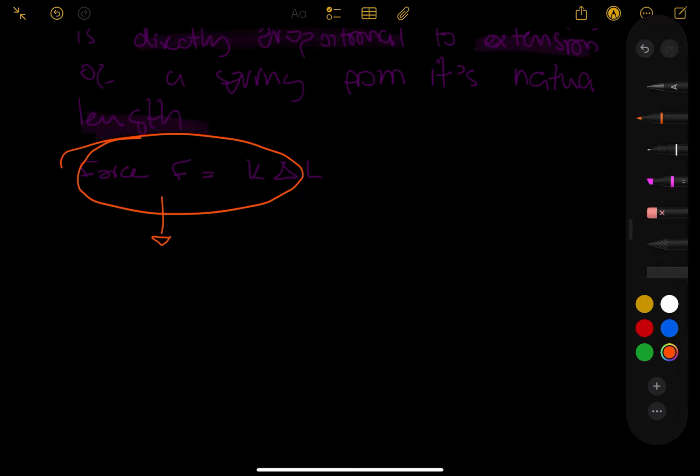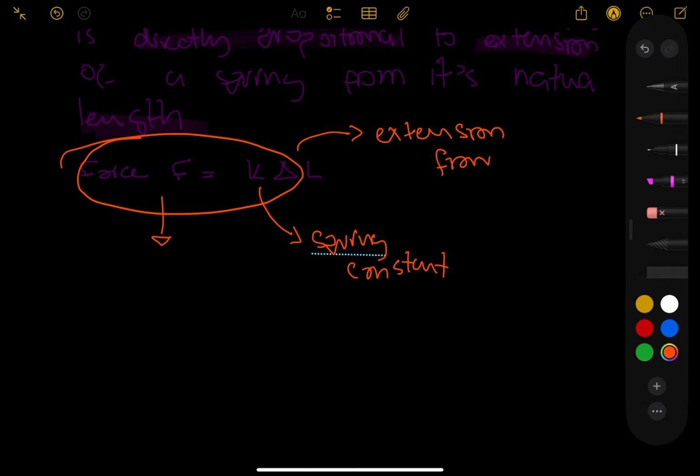K is the spring constant, and delta L is extension from initial length, and then force is obviously force. K is also known, by the way, as stiffness.